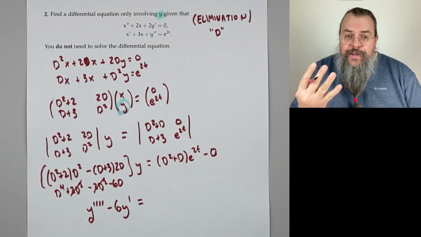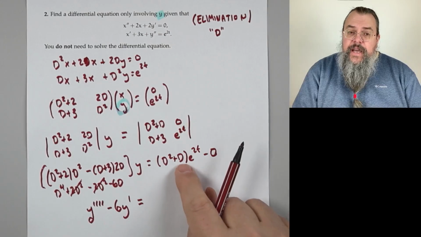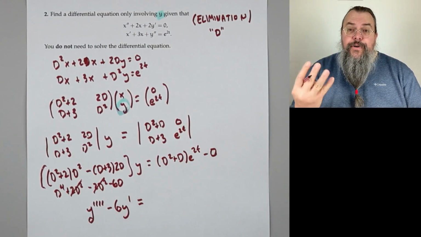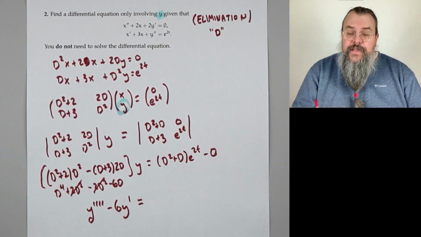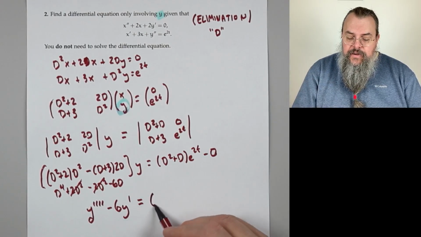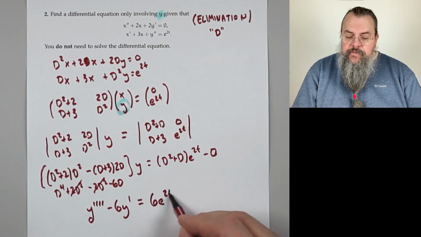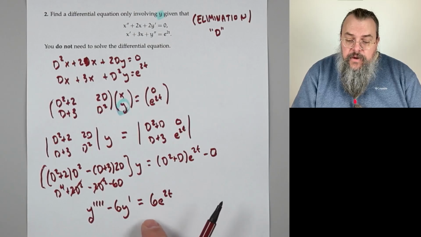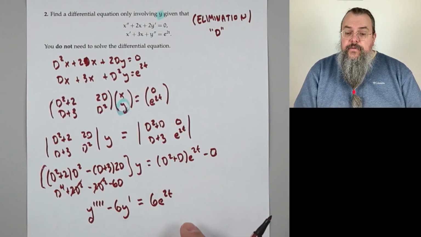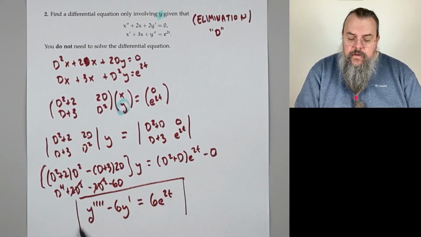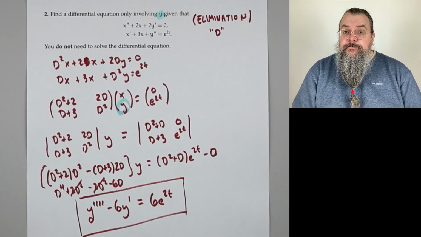That's 4e to the 2t. Then I'm going to add a derivative of e to the 2t, which is 2e to the 2t. 4e to the 2t plus 2e to the 2t makes 6e to the 2t. And so that's a differential equation that involves y, and only involves y, not involving x. And so that's our answer. And we're done.